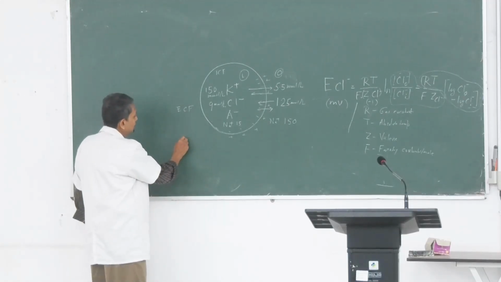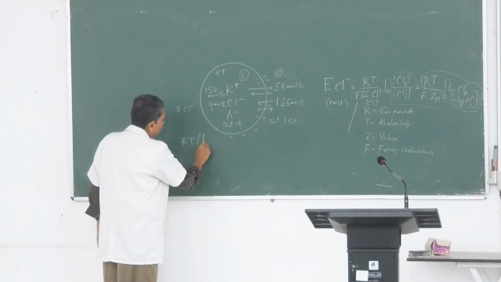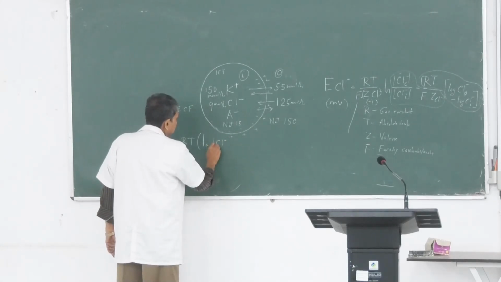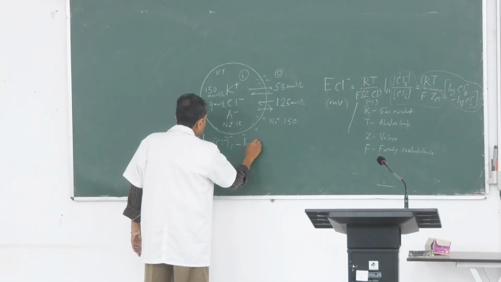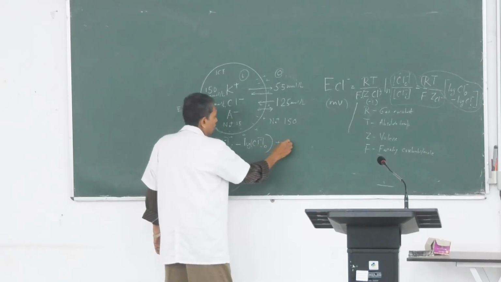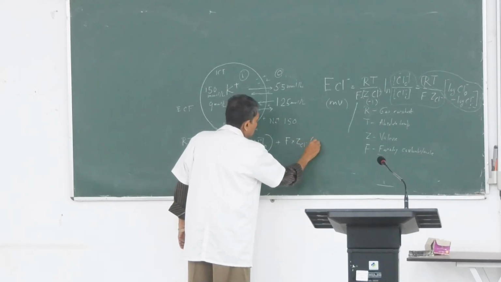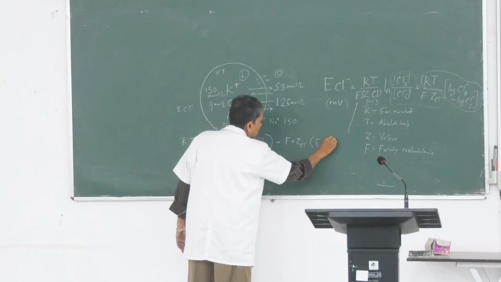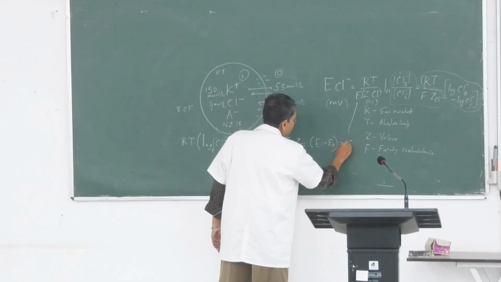Suppose in the concentration studies, that is RT multiplied by the log to the base E of chloride concentration inside minus chloride concentration outside, and the potential difference on this side will be, and it will be equal to 0.